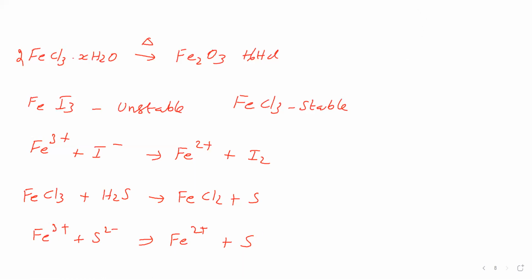Now we will take an aqueous solution of ferric chloride. This aqueous solution of ferric chloride is a colloid. Why? Because the ferric undergoes hydrolysis and gives ferric hydroxide, and this ferric hydroxide size comes under colloidal size.